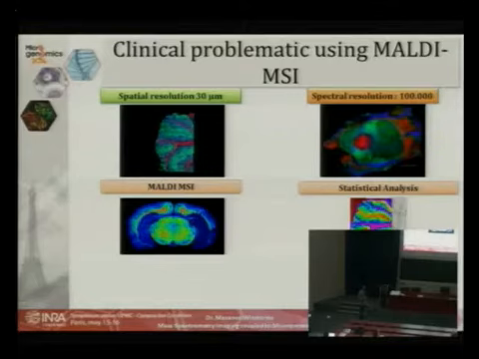You can also use instruments with a really high spectral resolution. You don't see it here, but all the 3 peaks localized here have the same nominal mass, but completely different localizations. And by using this type of instrument, you can localize more molecules with really close masses.